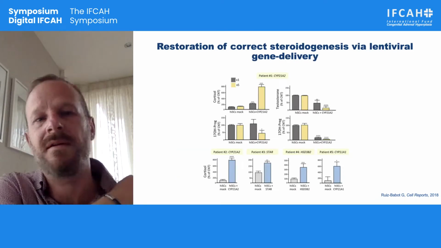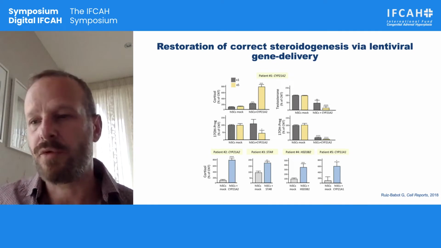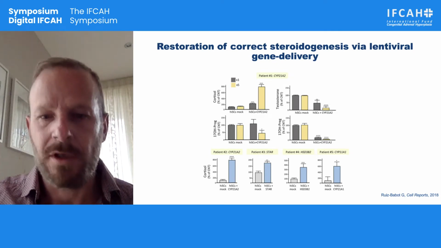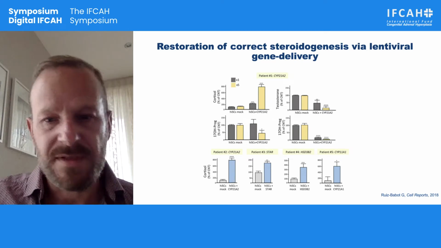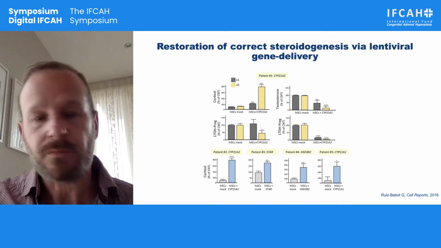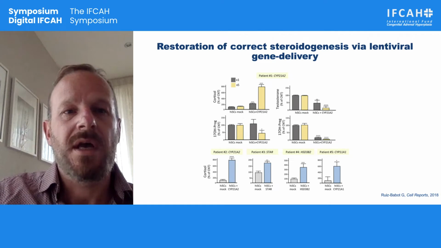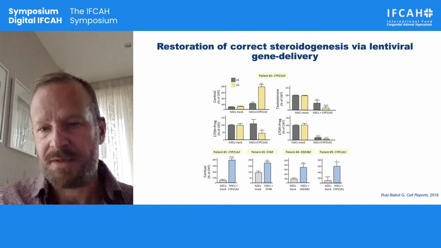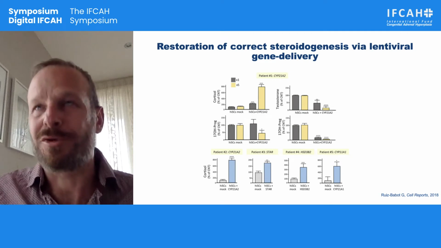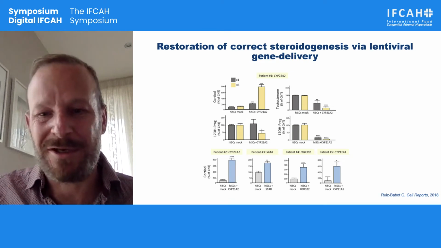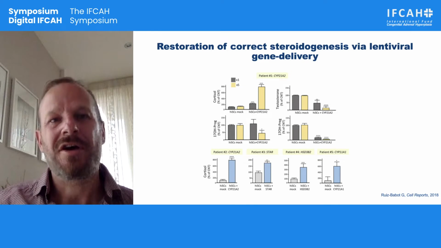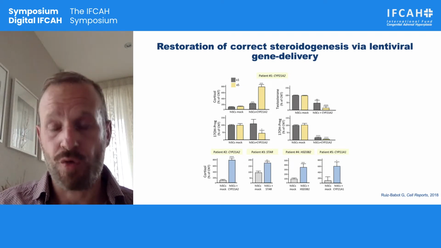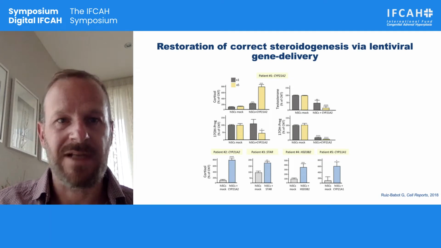So having these cells which replicated quite well the phenotypic characteristics in terms of metabolomics of these patients, we tested whether we could restore normal steroidogenesis, as you can describe it in a dish, by delivering the wild-type version of the defective enzyme, again through the use of a lentivirus.